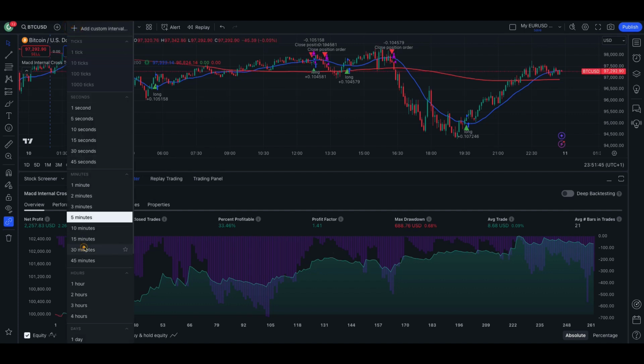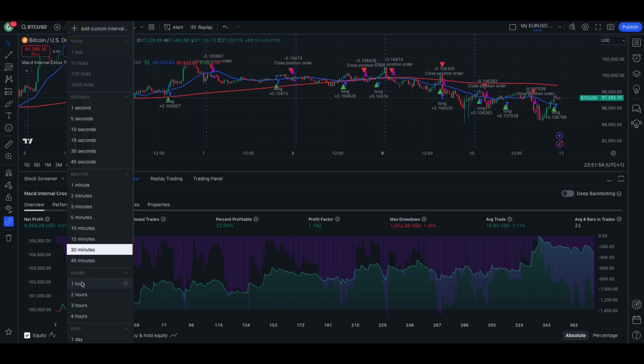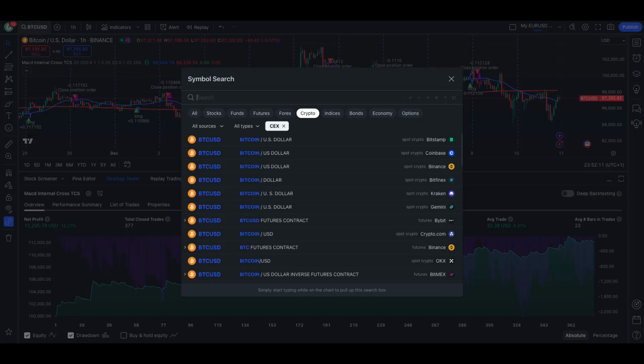Let's check the 30 minutes, 4.07, and the 1.45 max drawdown. What about 1 hour? 12.21, right? So we've tested this on a stock, we've tested it on indices, we've tested it on a metal, we've tested it on crypto. So let's test it on Forex.